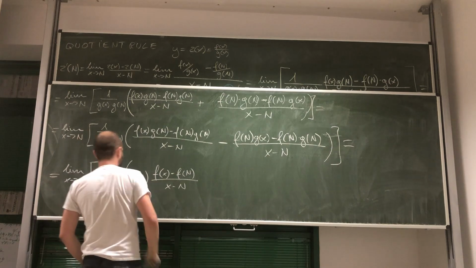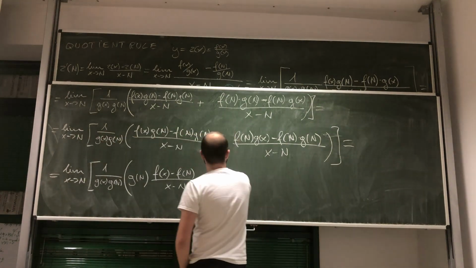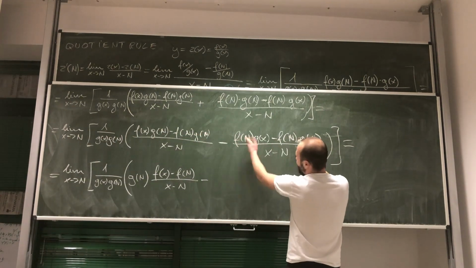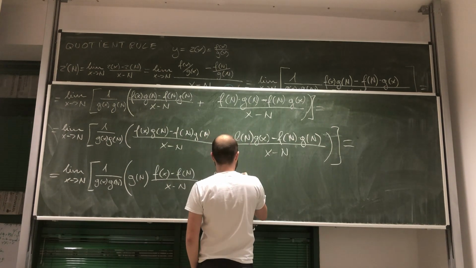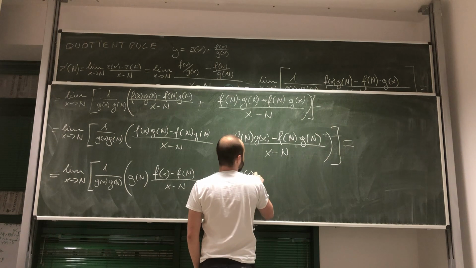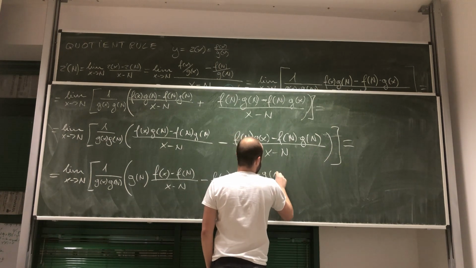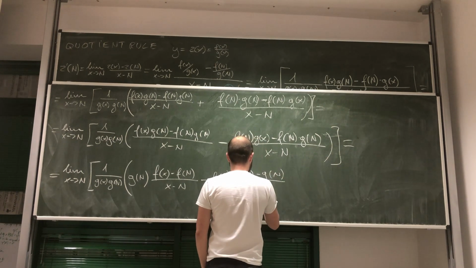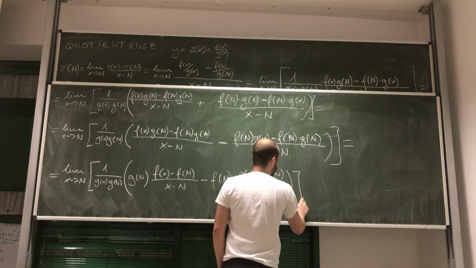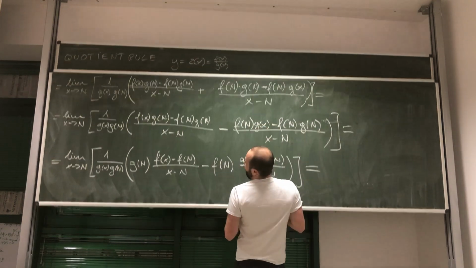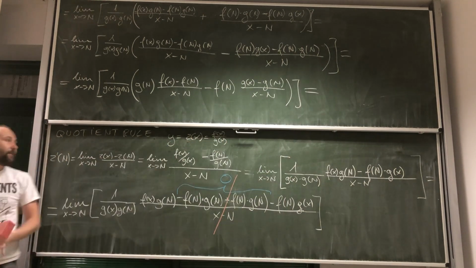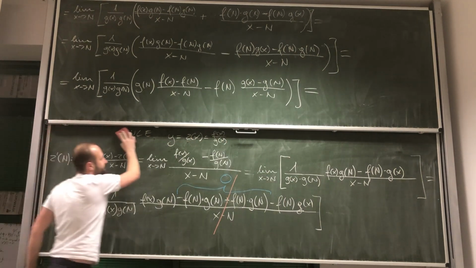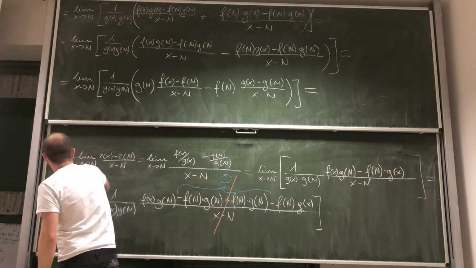And of course, here we should have parentheses. Now minus, here the common part is f(n), and then we have left (g(x) minus g(n)) over (x minus n). Okay. And finally, we can start using the limit theorems we've discussed previously.